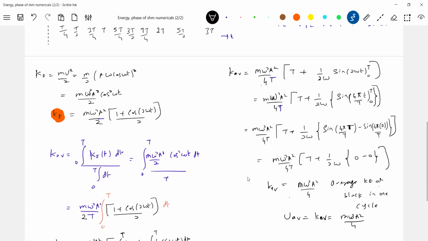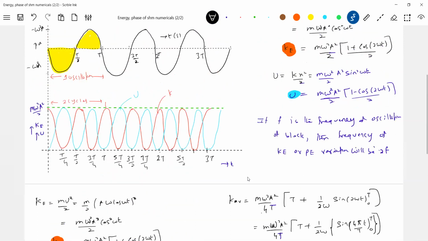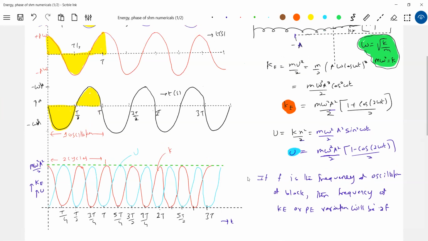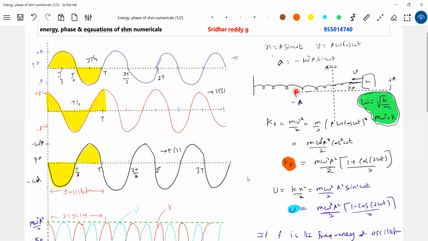Okay, now this is about the function of time. I may ask you any other questions like this. So what is the average speed in one full cycle? Zero, no? Average speed. In half cycle, yes, you can find out. So what is the average speed when the particle moves from right extreme to left extreme?